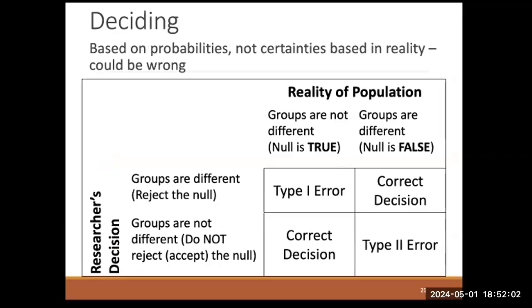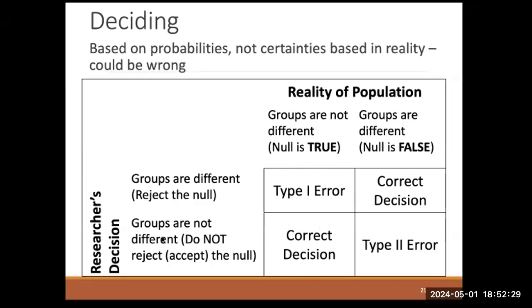So there are 2 things that could happen. We could make a conclusion that is correct. So here we have 2 dimensions. We have the researcher's decision, and then we have the reality of the population. So if the researcher's decision is true and the reality of the population is true as well, it's a correct decision.